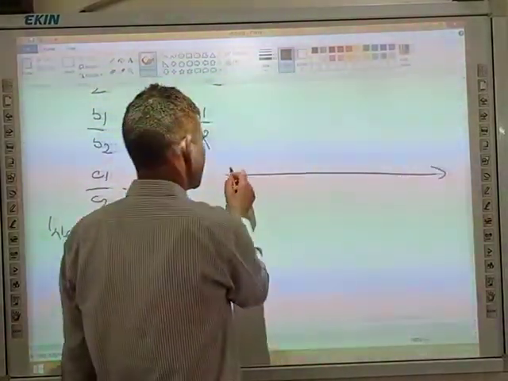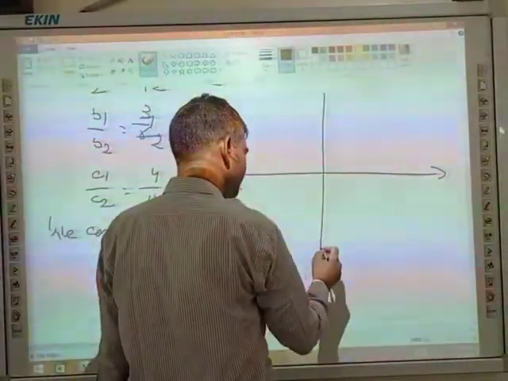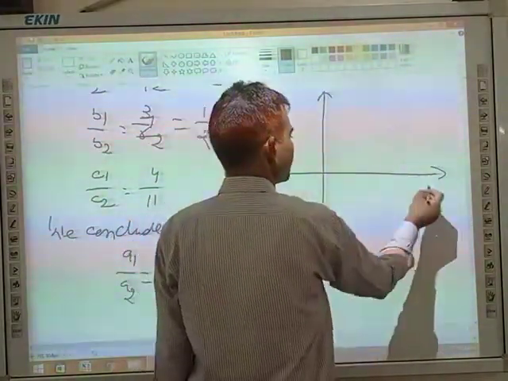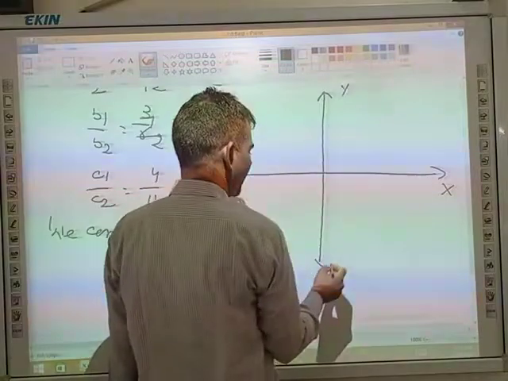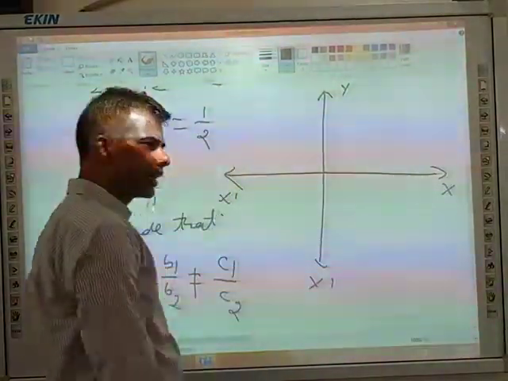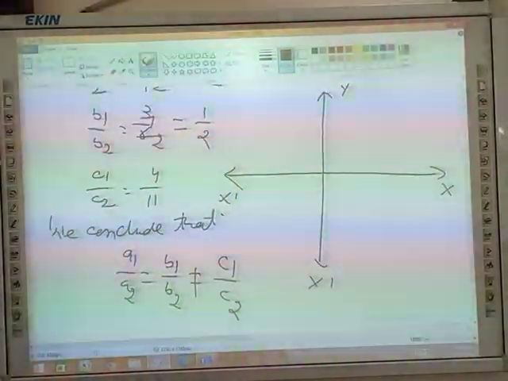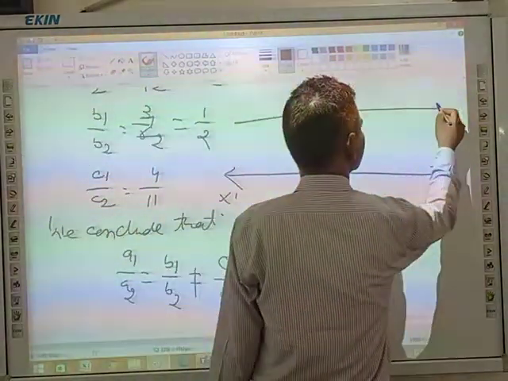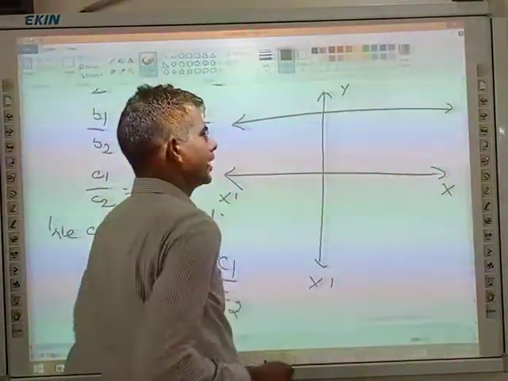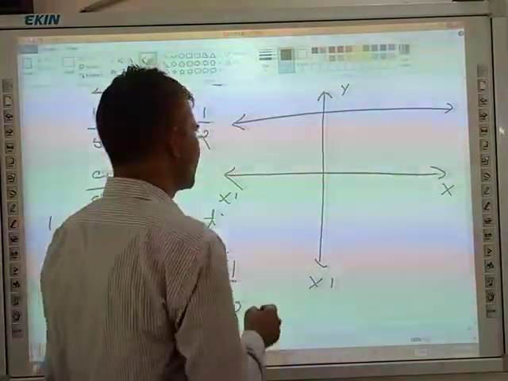It is your Cartesian plane, that is your x dash, y and y dash. Students, you have to draw a graph of the first linear equation, and you will draw another graph such as this.